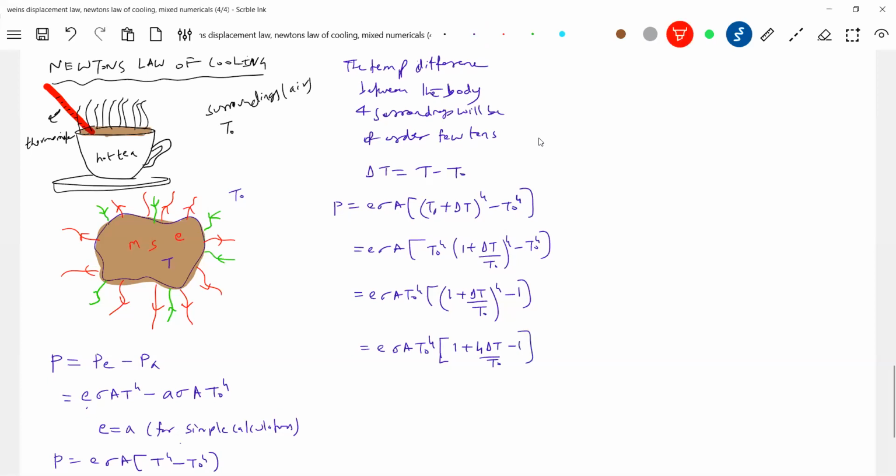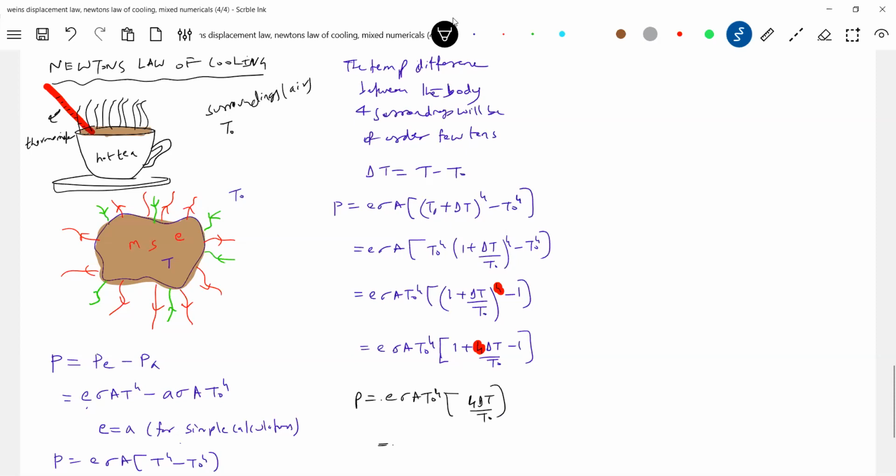Try to notice this one. So from binomial expansion, it has become like this. Delta T is very small, so I can go for binomial expansion. The resultant will be P equal to E sigma A T naught to the power 4, and in the bracket, what will be left over? 4 delta T by T naught.